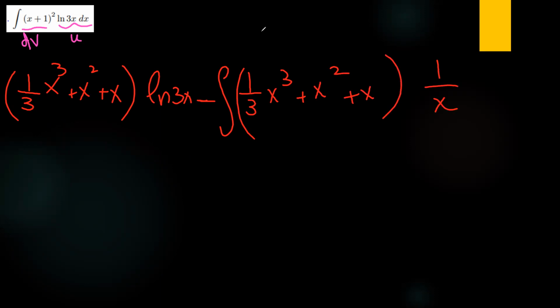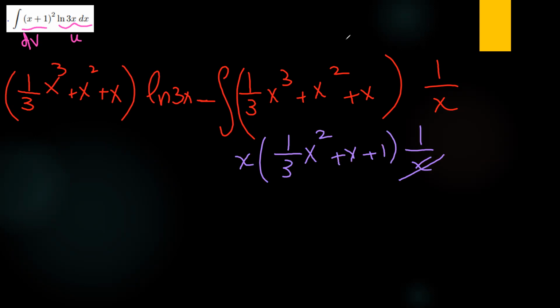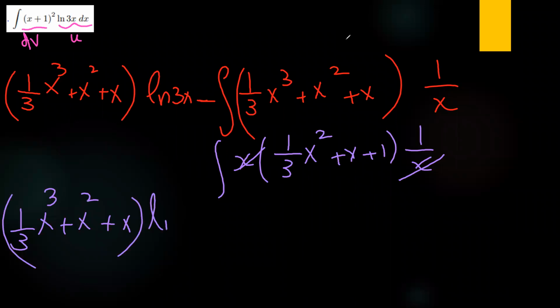For this one here, we can take x as a common factor. So it comes like x times (1/3 x squared plus x plus 1) times 1 over x. Then x cancels x. So now we have it as (1/3 x cubic plus x squared plus x) ln 3x minus the integration of (1/3 x squared plus x plus 1).